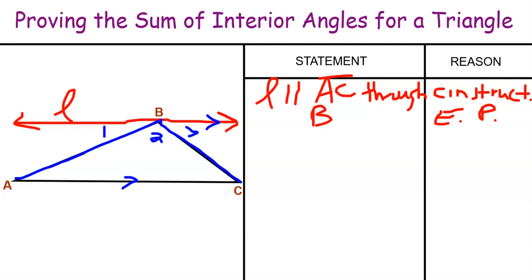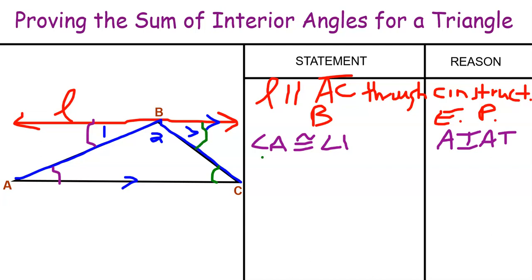So for transversal AB, we know that angle 1 and angle A are actually alternate interior angles. So angle A is congruent to angle 1 by the alternate interior angles theorem. And angle C is congruent to angle 3 by the alternate interior angles theorem. That we know because we have parallel lines.